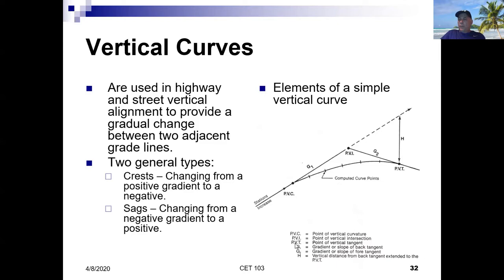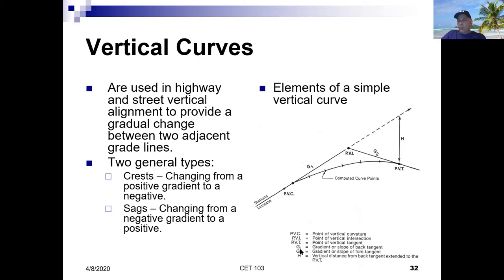You also have your PVT, which is the point where your vertical curve starts to go back into a transition piece, and the curve actually touches the tangent and goes back into a tangent piece. So therefore, it's called the point of vertical tangent.